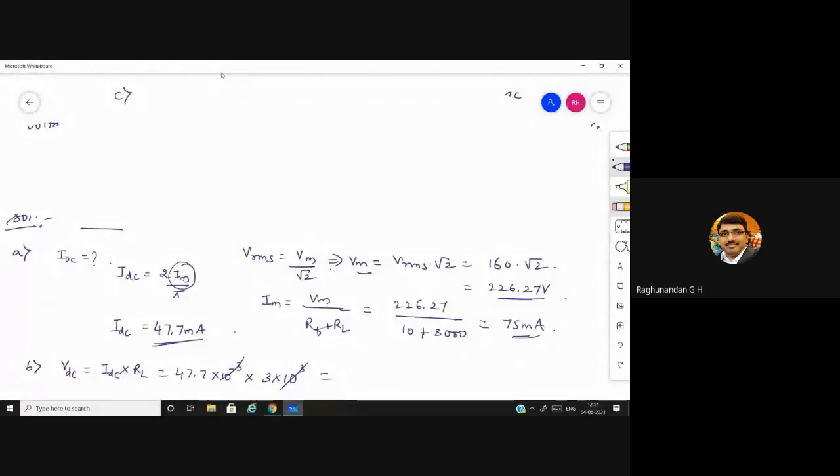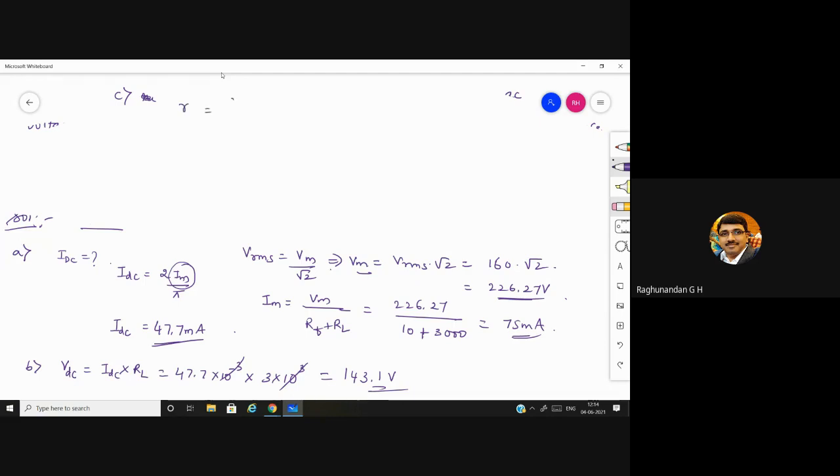Yes, what is the answer for this? 47.7 into 3. 143.1, okay, 143.1 volt. So after this, we need to find the RMS value of the ripple voltage. To find it, we have our basic ripple factor formula.